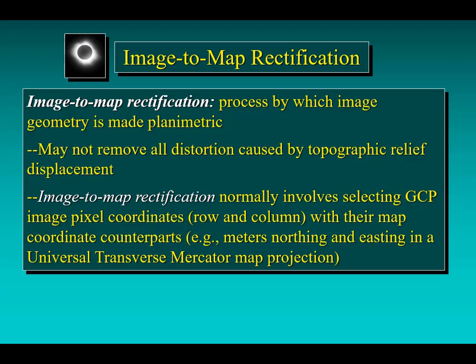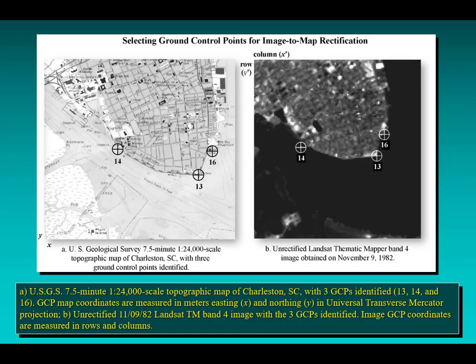And say, for example, if we're dealing with the UTM map projection coordinate system, we would be having those coordinates in units of meters northing and easting. Or if we're using some other type of map projection or coordinate system, we would be utilizing the appropriate map coordinates with those GCPs. This graphic summarizes the process that one would follow in order to select ground control points or GCPs for the purpose of image to map rectification. And what we see here are two figures.